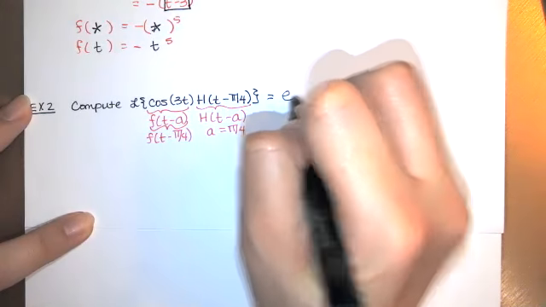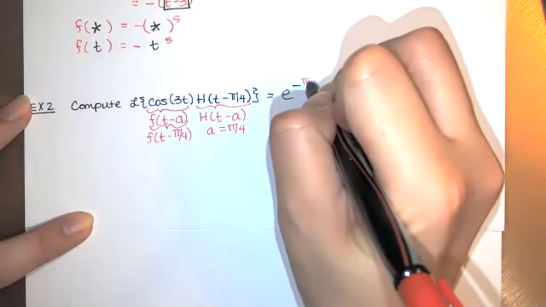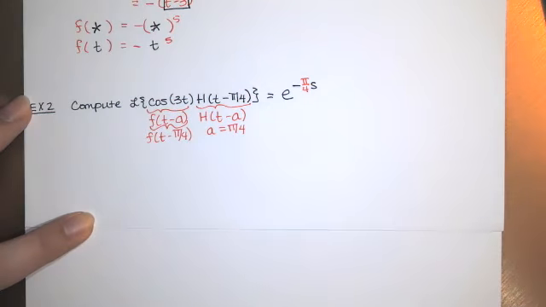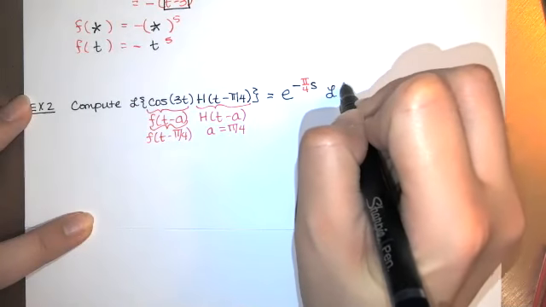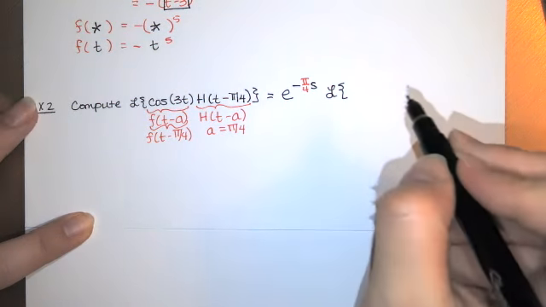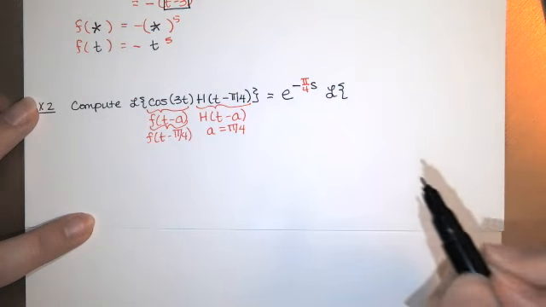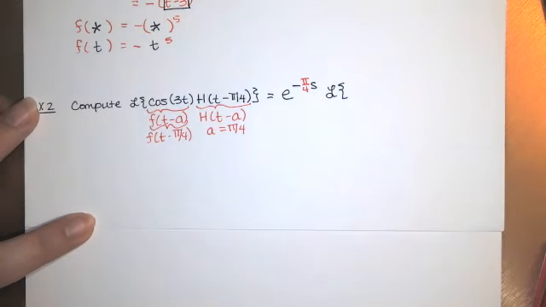Well, then according to our theorem, we get e to the negative as, and a is pi over 4, times the Laplace transform of f of t. Now we've got to figure out what f of t is. I'm just going to leave some space, and I think this one is actually kind of long, so I'm going to leave it a lot of space this time.